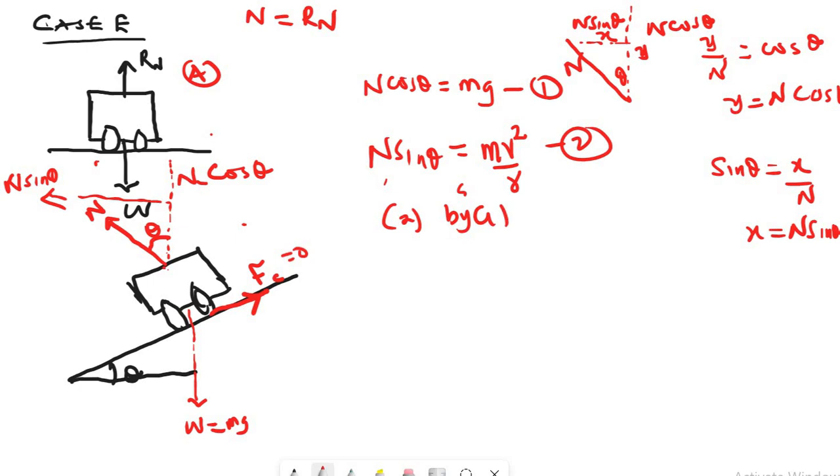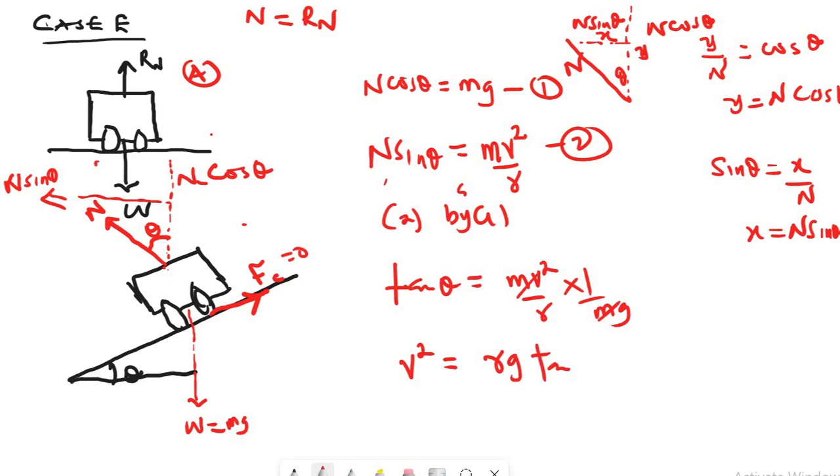So we have tan theta equal to mv squared over r times 1 over mg. The m cancels m. So v squared will be rg tan theta. In this case, v is the square root of rg tan theta.